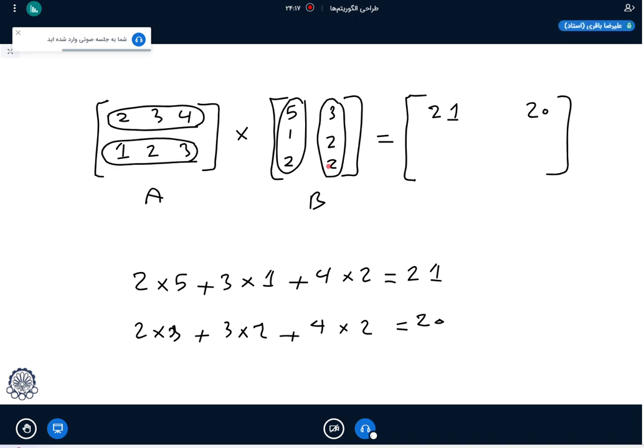Okay. Then the second row of A is multiplied by the first column and then the second column of B. 1 is multiplied by 5 plus 2 is multiplied by 1 plus 3 is multiplied by 2. We have 13 here.